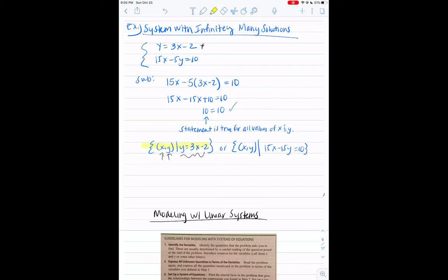And then I have x and y such that 15x minus 15y equals 10. So whichever x and y satisfy this, that's our solution set. Basically these two lines coincide with each other. They're the same line, so either one works.